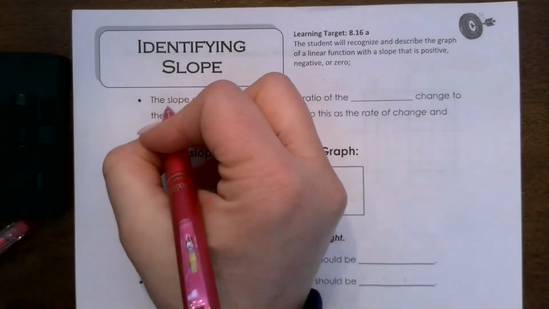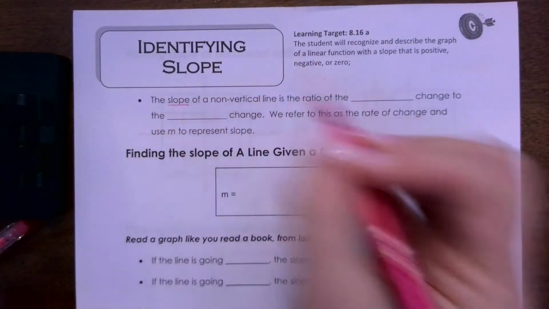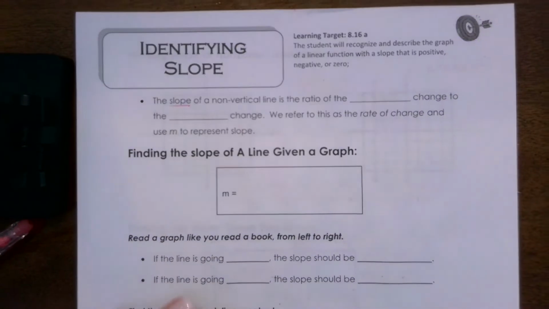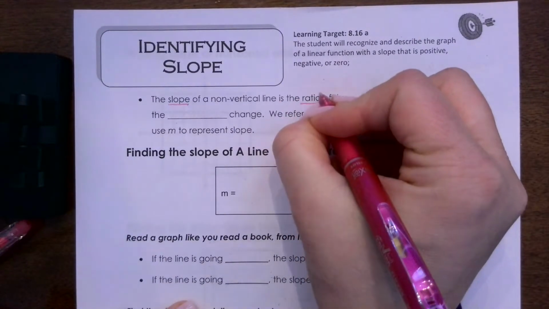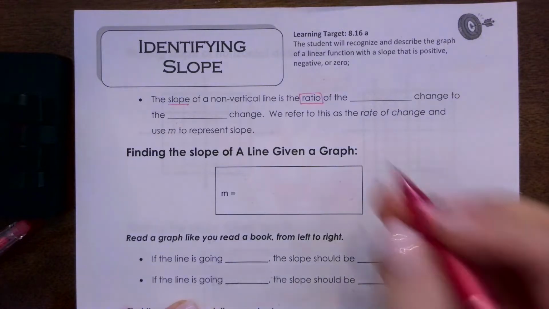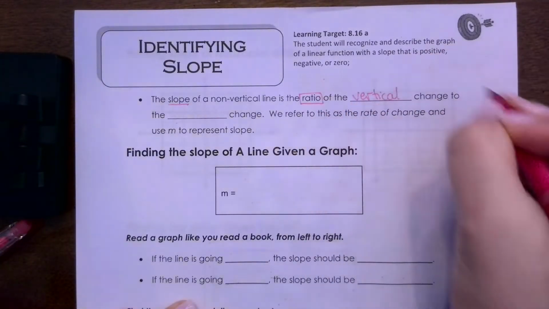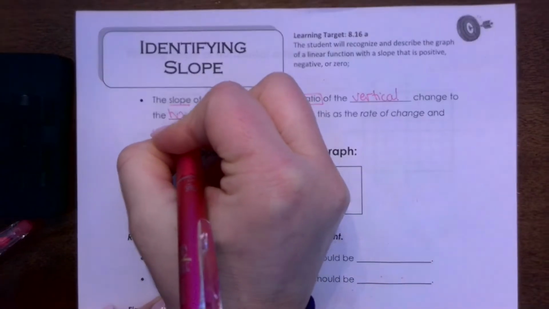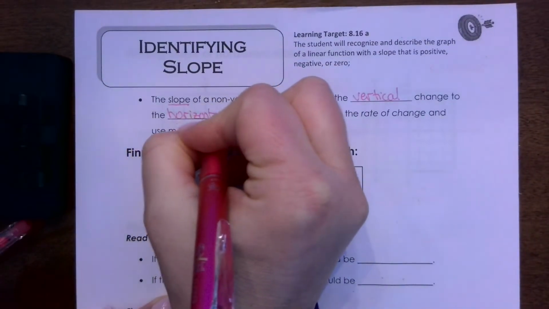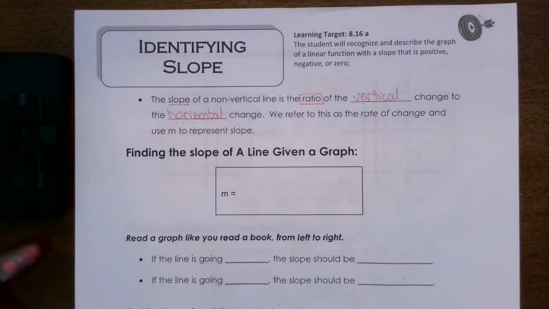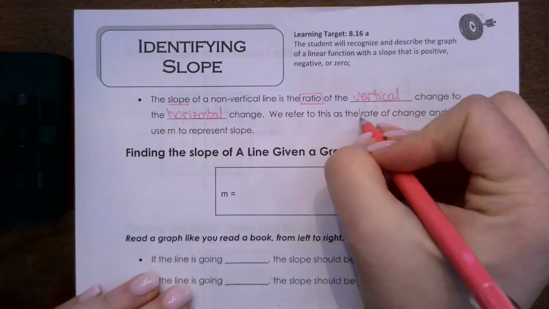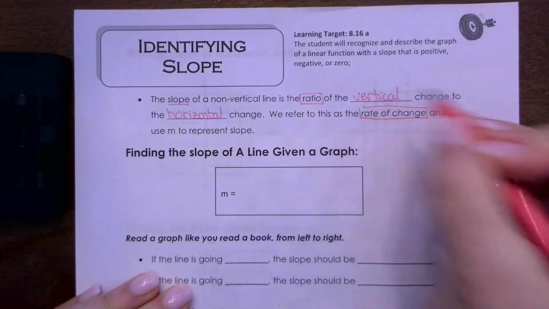So what is slope? The slope of a non-vertical line, so not up and down, is the ratio, and we'll get back to this idea a little bit later, of the vertical change to the horizontal change. Slope is also referred to as the rate of change.